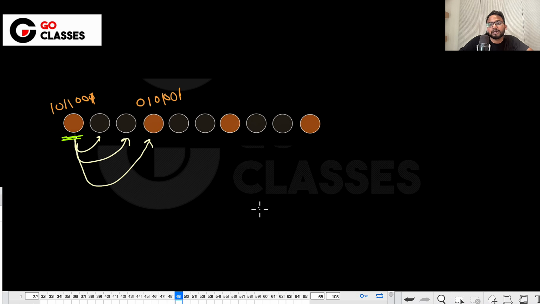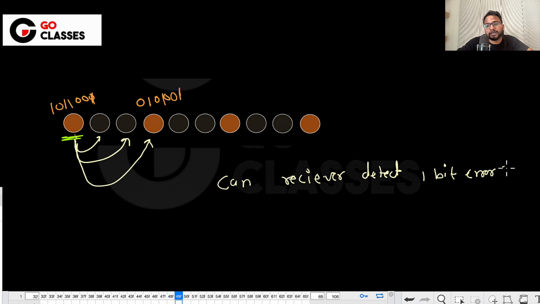The answer is no. So if I ask you, in this setup, can the receiver detect a 1-bit error? If a 1-bit error occurs, can the receiver detect it? Then the answer is definitely yes, right?